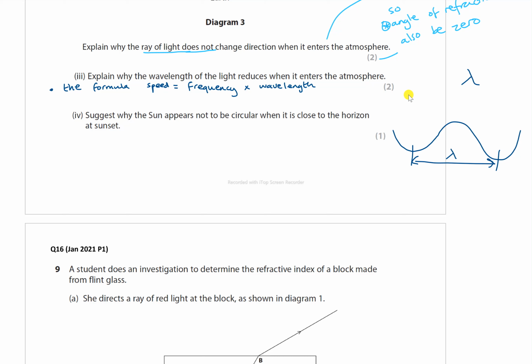First of all, the formula is speed equals frequency times wavelength. The frequency of the wave is constant. The frequency does not change.